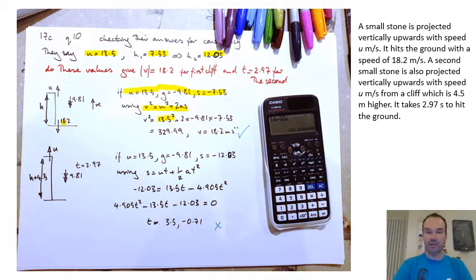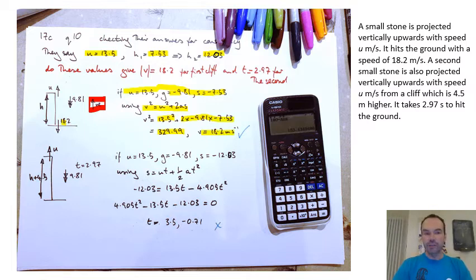So I'm going to decide, to make life easier, that upwards is positive, which means that the acceleration is negative and the displacement at the end is negative as well. That is crucial, particularly for those couple of people who thought they got the right answer. This is where I disagree with you. So if you put two negative values in there, 18.2, all well and good, we get the first answer.